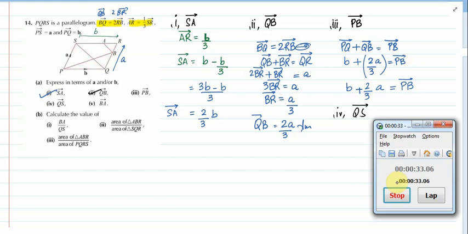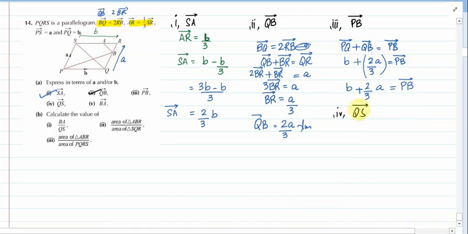The path in this question, it will be PQ plus QS is equals to PS, right? PQ plus QS is equals to PS. You need to find QS, that will be PS minus PQ. PS is A and PQ is B, so that is the vector QS.